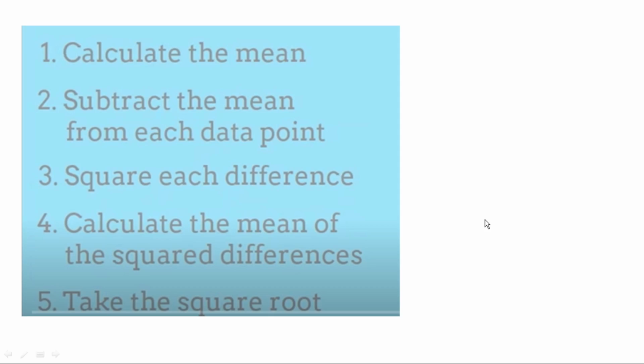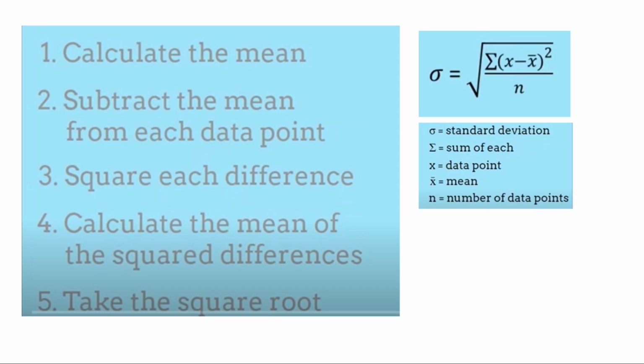But sometimes, if there is a big population, then instead of this particular figure n, a little modification is made. Sigma, or standard deviation, is equal to the square root of the summation of (x minus x bar) squared upon n minus 1.